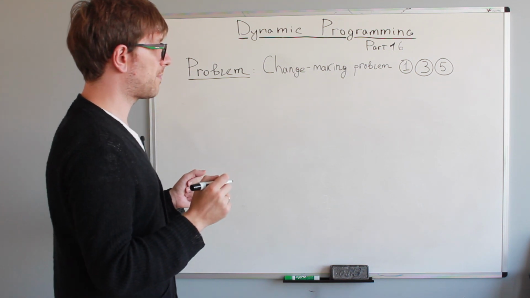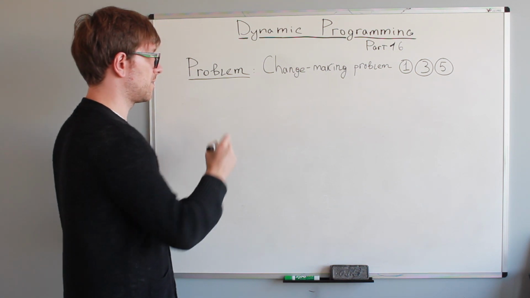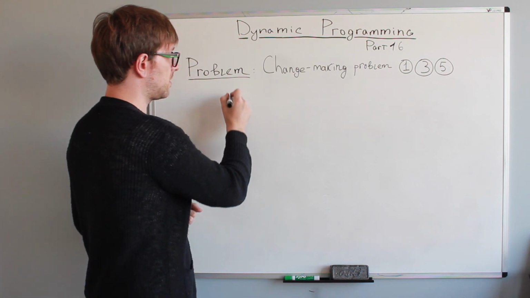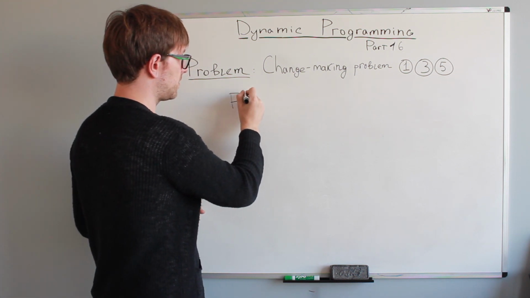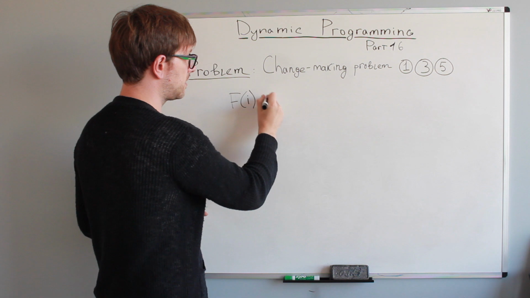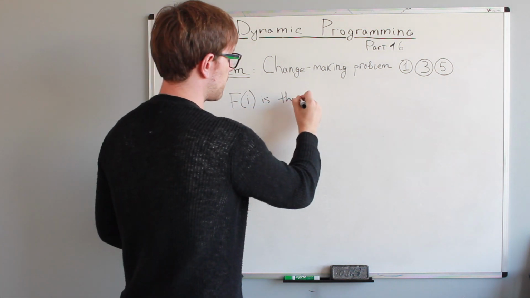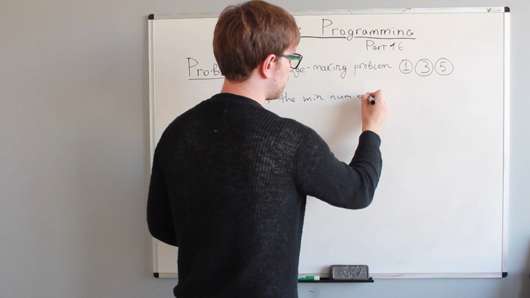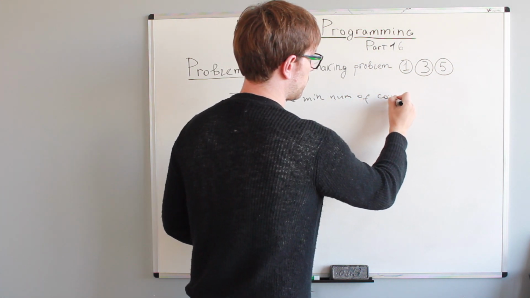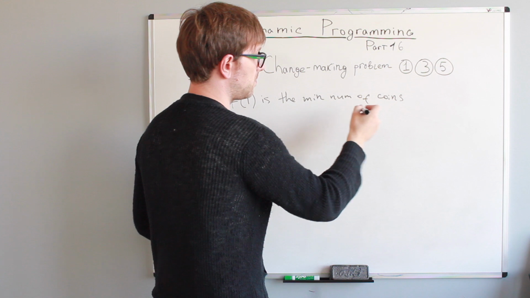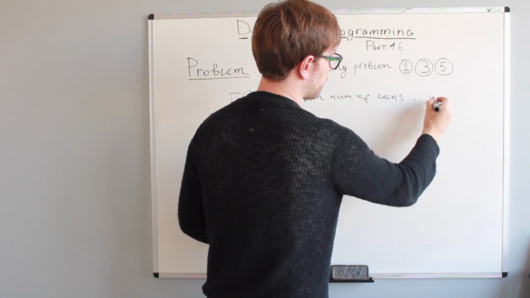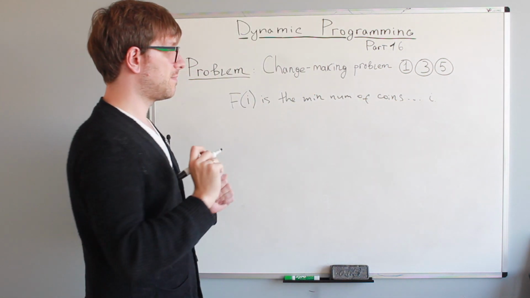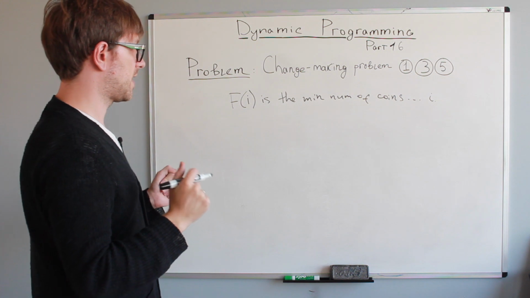So the first step is to define the objective function. And in this problem, defining the objective function is very simple. f of i is the minimum number of coins to make a change of size i.